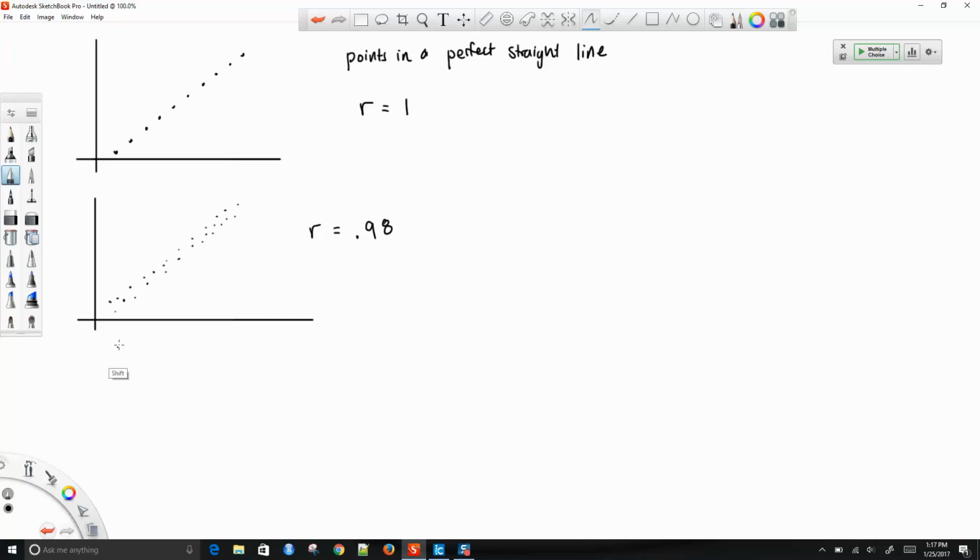And as the amount of scatter increases, R gets lower and lower, something like that, until you get to some point where there's no relationship.